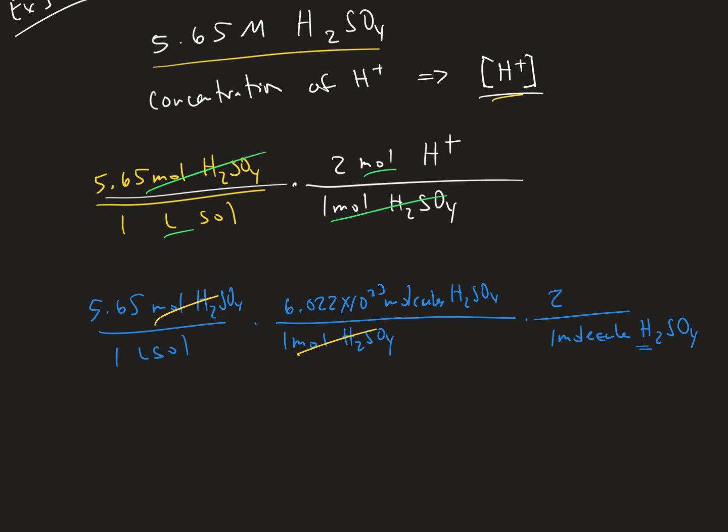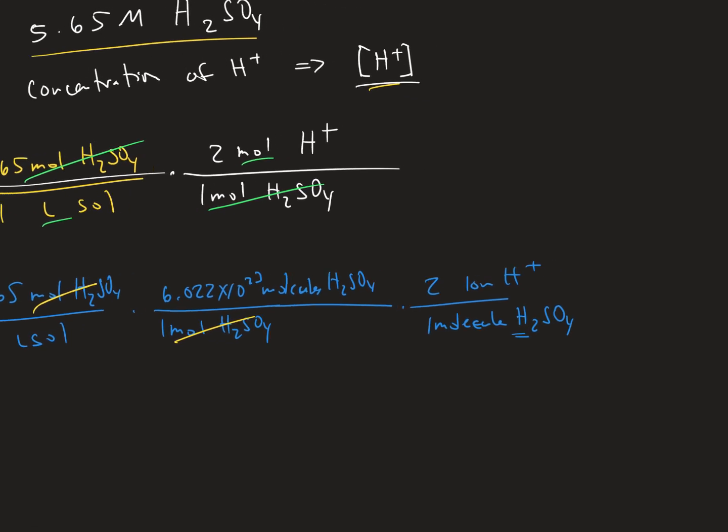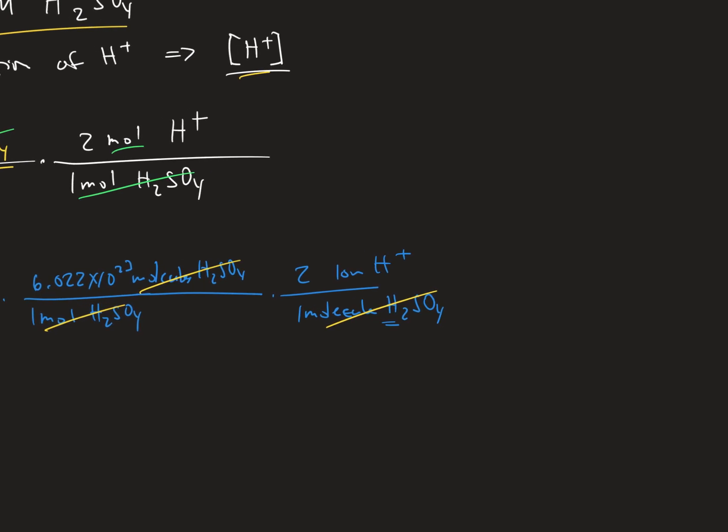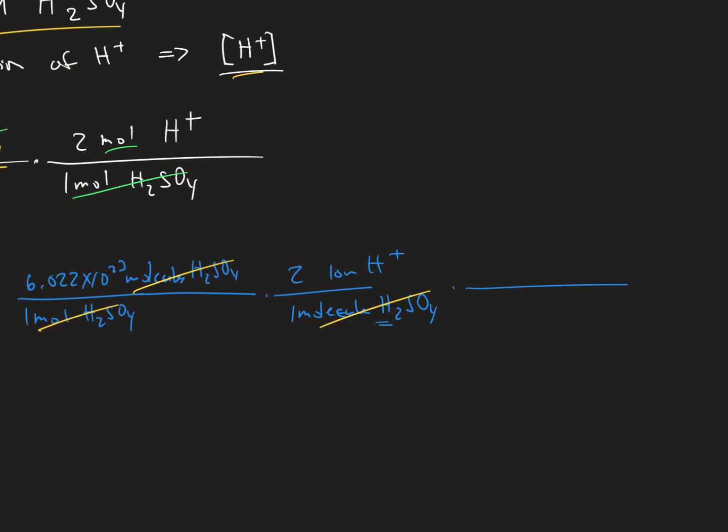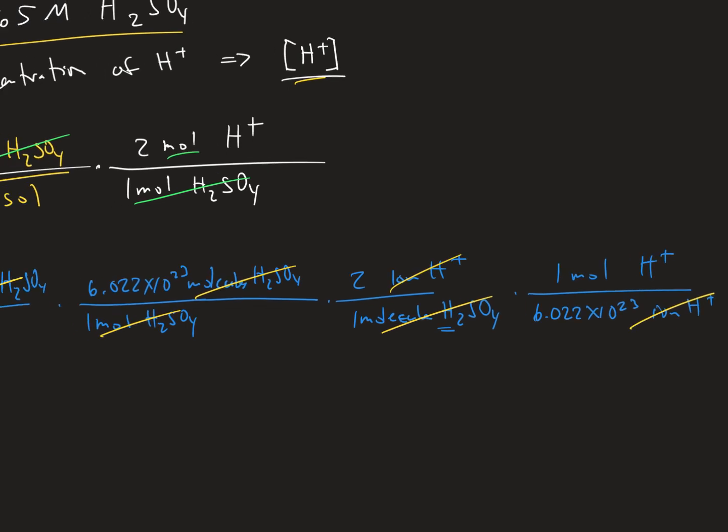We have 2 ions of H+. Oh, but I want moles, right? Okay, so let's get rid of that. And for every 6.022 times 10 to the 23 ions of H+, what do I have? 1 mole of H+. You following me? And that goes away. What else goes away?